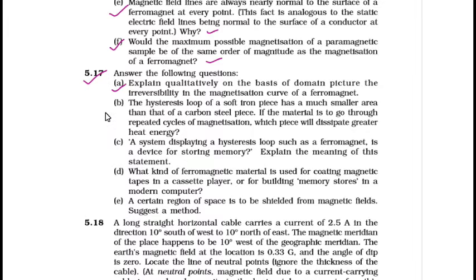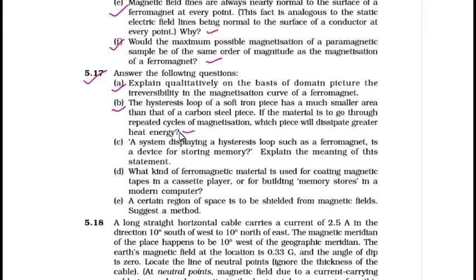The next question is B. The hysteresis loop of a soft iron piece has a much smaller area than that of a carbon steel piece. If the material is to go through repeated cycles of magnetization, which piece will dissipate greater heat energy?